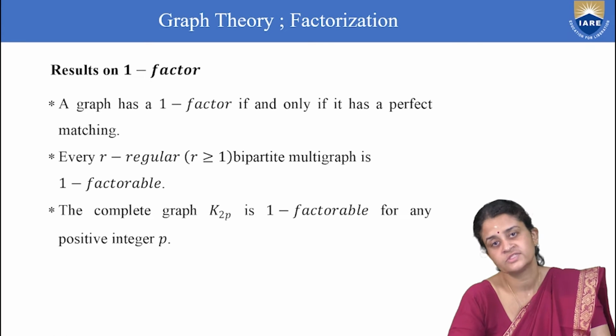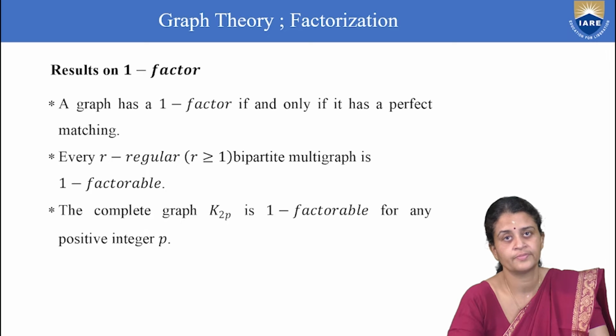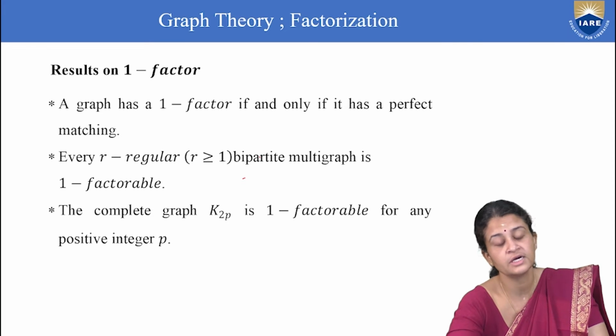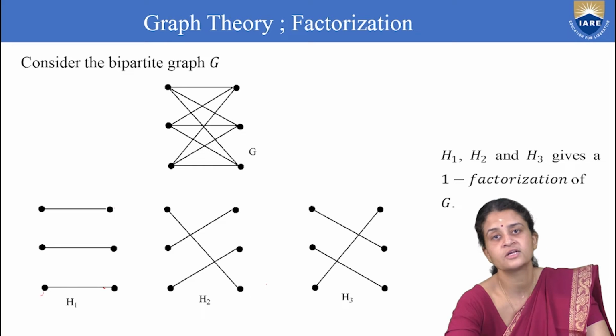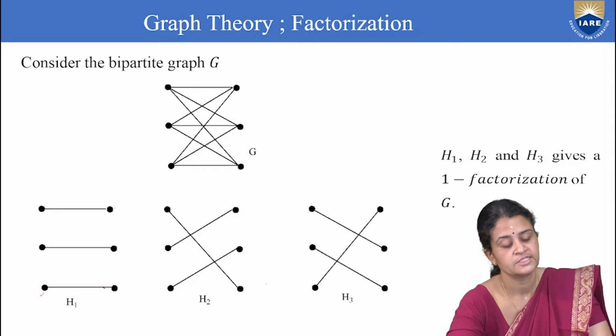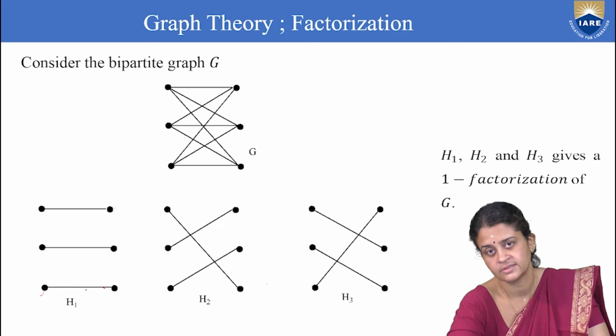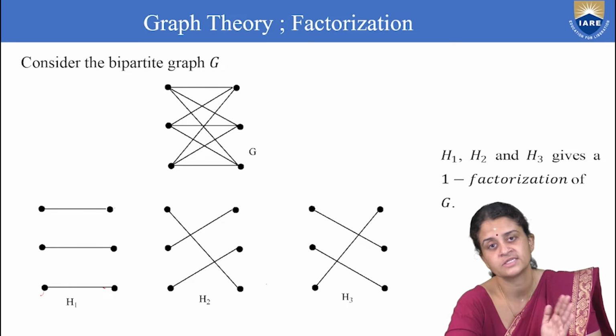Now we will see some results on one-factors. A graph G has a one-factor if and only if it has a perfect matching. Here we have seen that it's a perfect matching. It's a matching because no two edges are adjacent. And is it a perfect matching? Yes, because every vertex of the given graph is saturated, or incident with at least one edge.